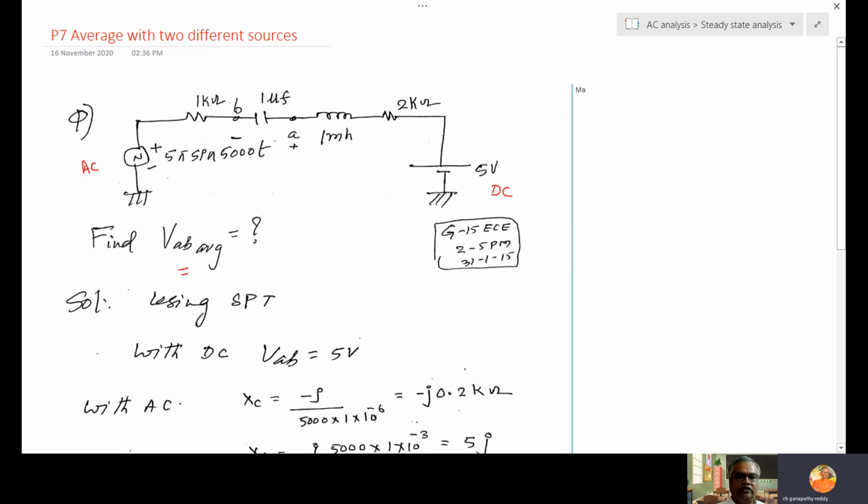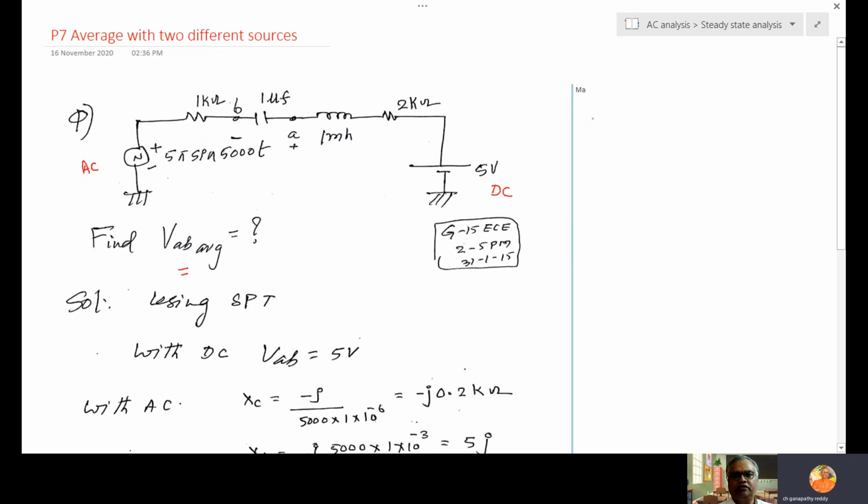So here it is asking VAB average. So find VAB with DC first, then VAB because of AC. VAB will contain two terms, DC response plus AC response. But DC plus AC average is equal to DC only, na?